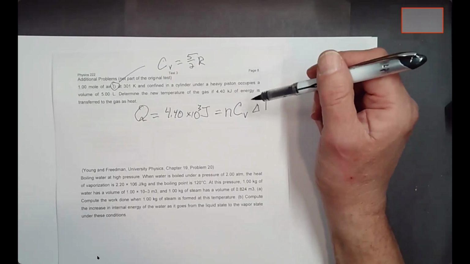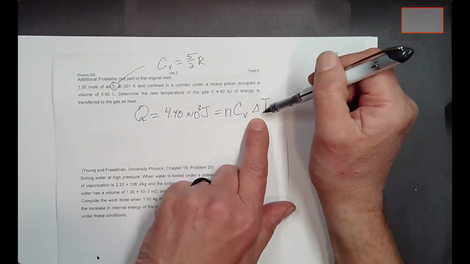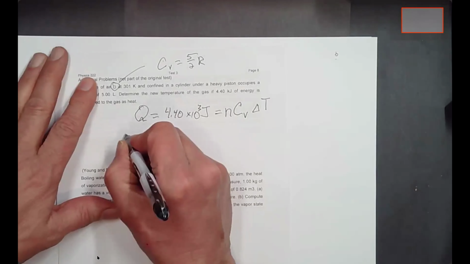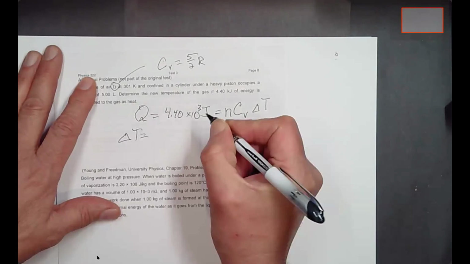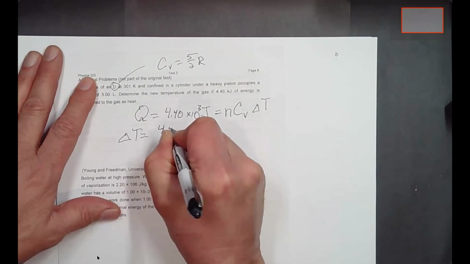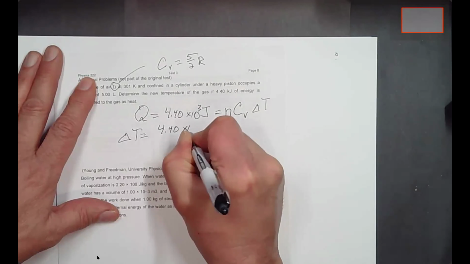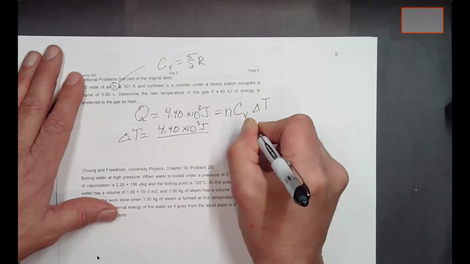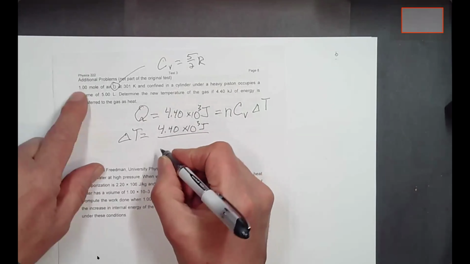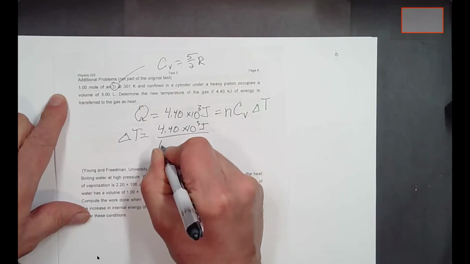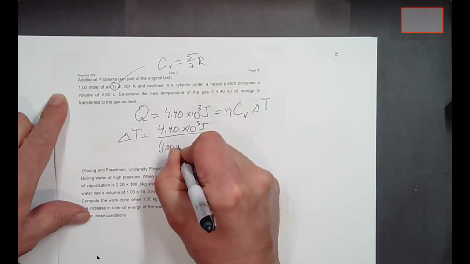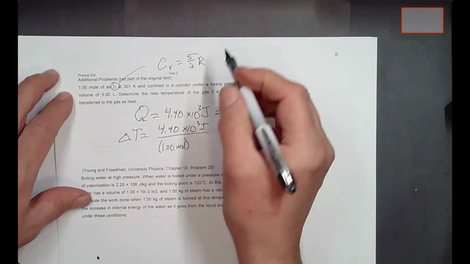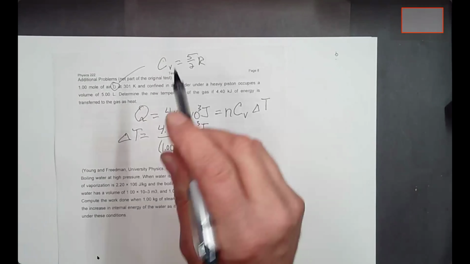But we can actually calculate the temperature change as a result of this. So delta T will equal 4.40 times 10 to the third joules divided by N C sub V, and N is 1.00 moles. Then it's air, and air is a diatomic gas.